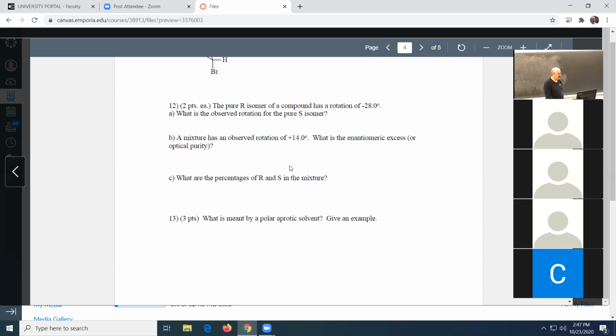What is the enantiomeric excess or optical purity? Okay, so we would take 14 divided by the rotation of the pure enantiomer times 100%. Okay, so that gives us 50% enantiomeric excess.